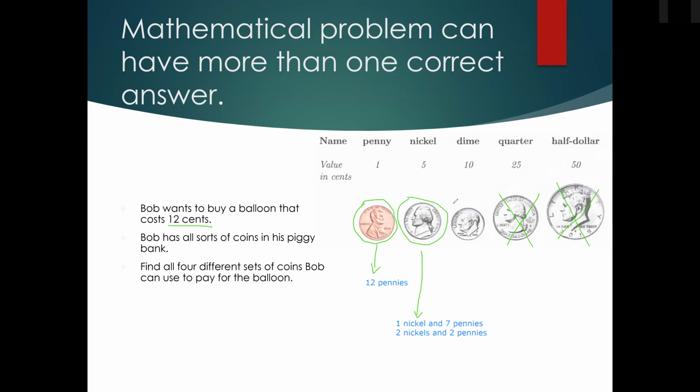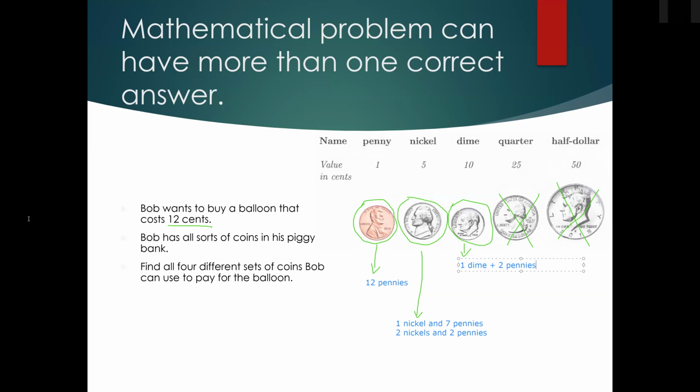We can move on to the next biggest coin, which is the dime. Let's say we have 1 dime. 1 dime is 10 cents. 12 cents minus 10 cents is 2 cents. So we can have 1 dime plus 2 pennies. And with these 4 solutions, we should be able to solve the problem, find all 4 different sets of coins.